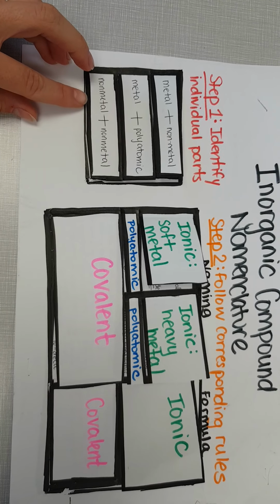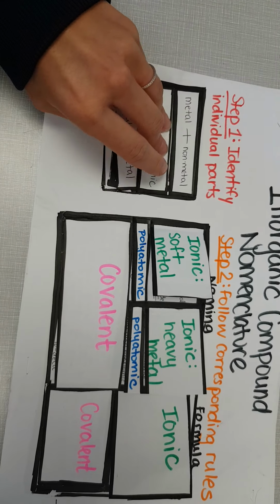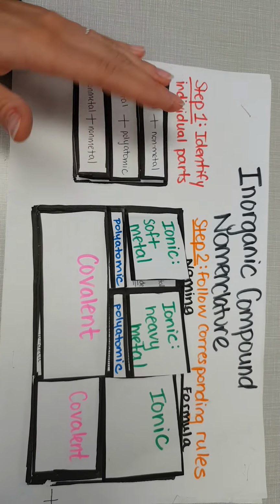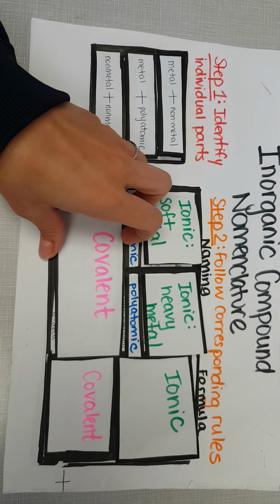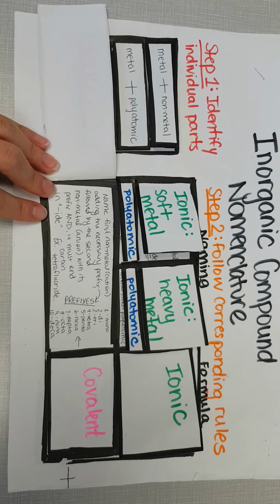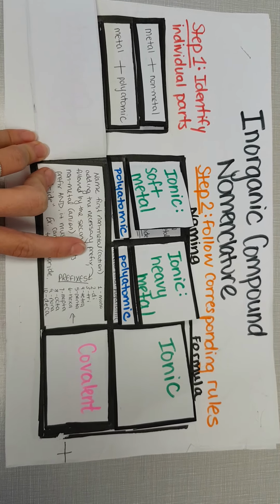And last but not least, when we're dealing with nonmetals only, we are dealing with a covalent compound. To name a covalent compound, it's a little more complicated, but we are first going to name the first nonmetal, the cation, adding a necessary prefix.